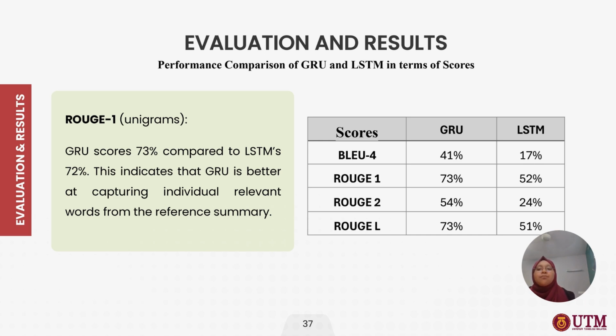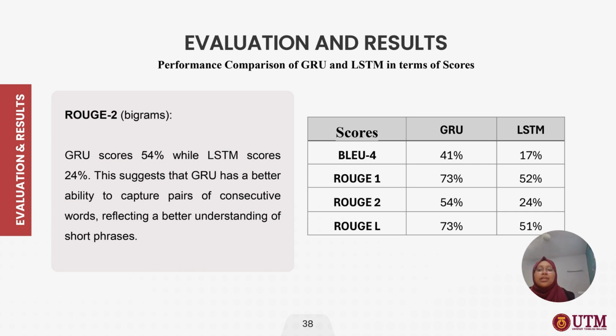In ROUGE2, which works for bigrams, GRU scores 74% and LSTM scores 24%. With a huge gap in score, it proves that GRU has a better ability to capture pairs of consecutive words, and it reflects a better understanding of short phrases.